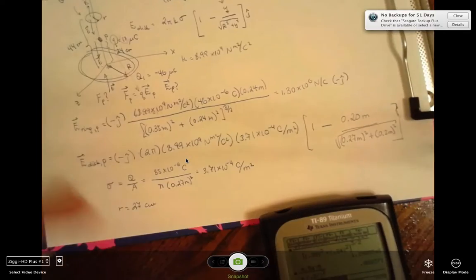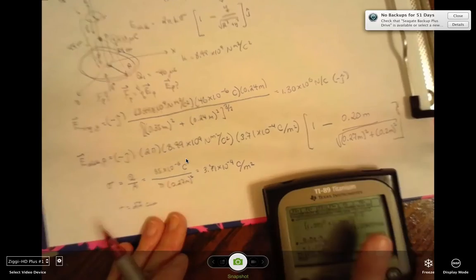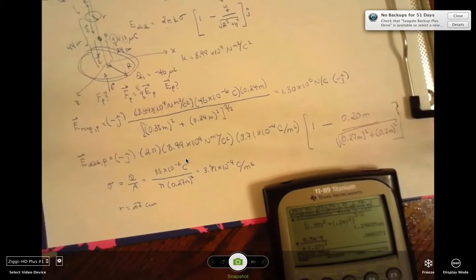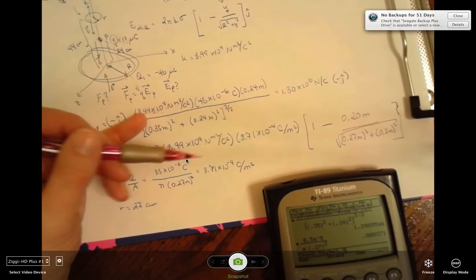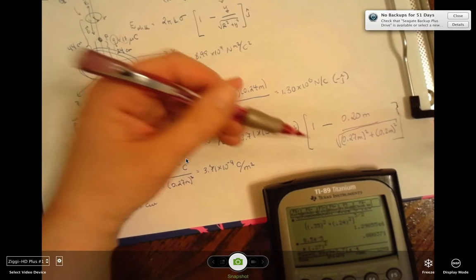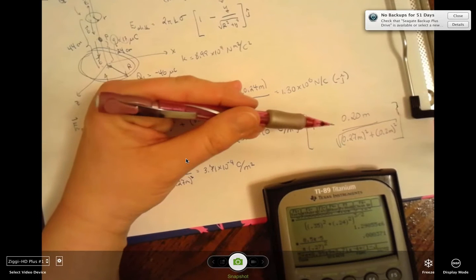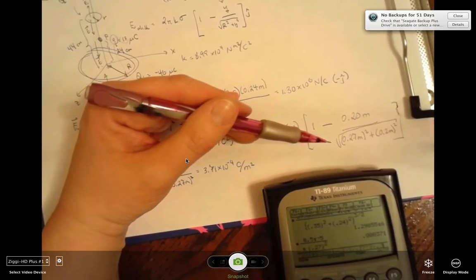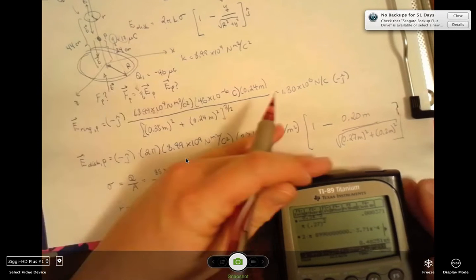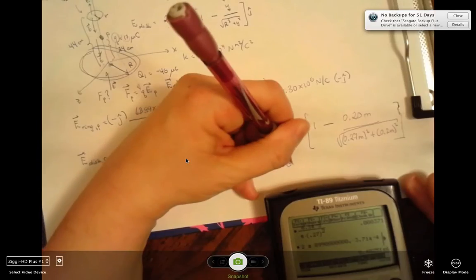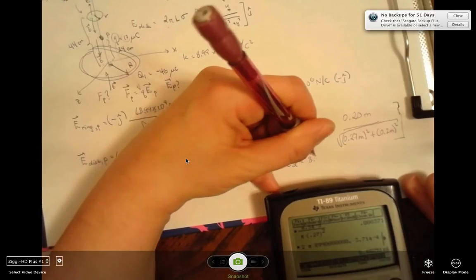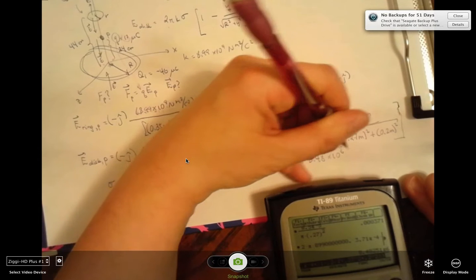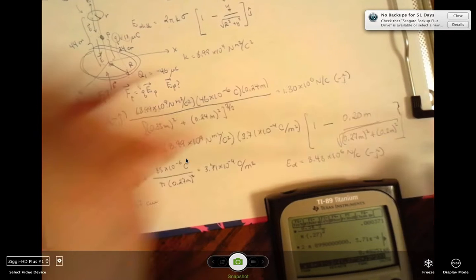Okay, all right, so this is going to be 2 times pi times 8.99 e to the 9th times 3.71 e to the minus 4 times 1 minus 0.2 over the square root of 0.27 squared plus 0.2 squared, and parentheses a few times, and I get this E field for the disk is 8.48 times 10 to the 6th newtons per coulomb, again in the minus j direction.